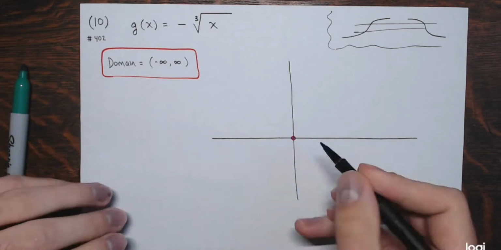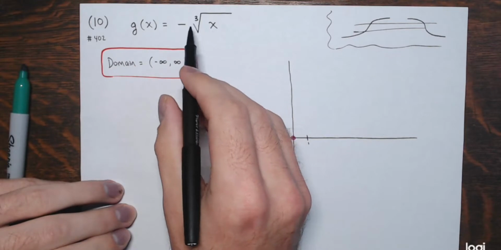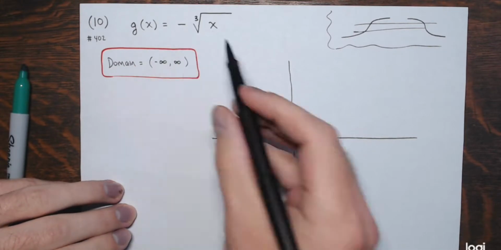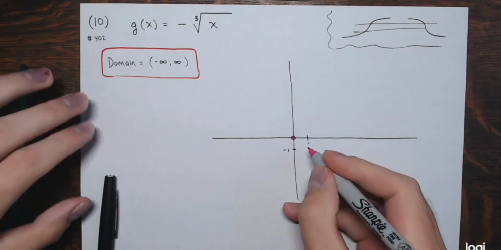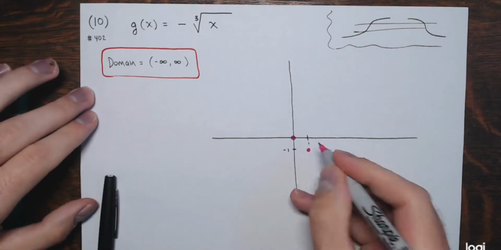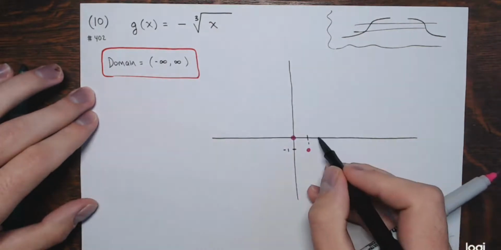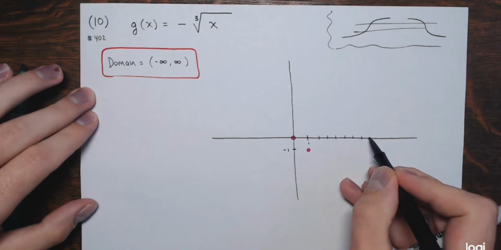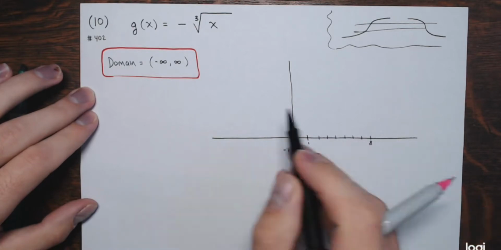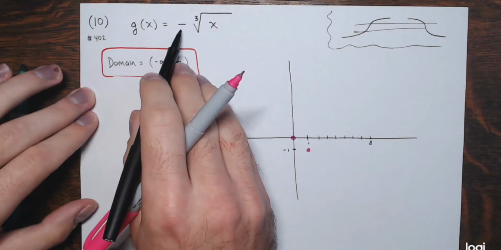If I plug in 1 for x, the cube root of 1 is 1, but then we're multiplying it by negative 1, so the output would be negative 1. Input 1, output negative 1. Then if I plug in 8, the cube root of 8, that's a perfect cube, is 2, but then don't forget the negative 1 here, so the output would be negative 2.